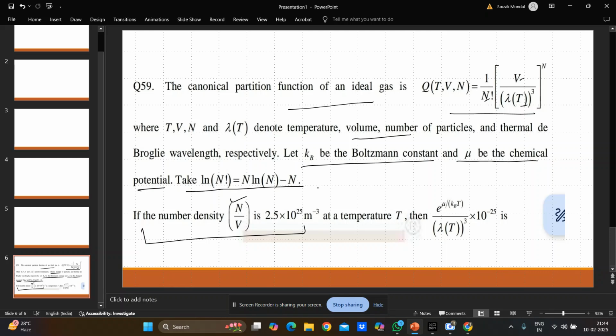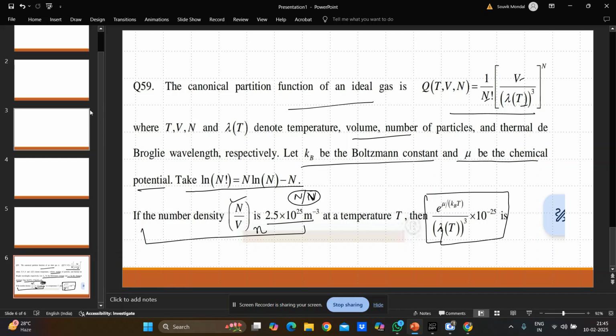Whenever you find some form of N by V, take it as N by V, don't take N and V separately, because N by V is the number density, which is fixed. This is important. Now you have to calculate this quantity, and they have given the value of n.